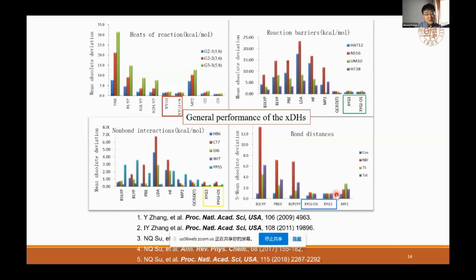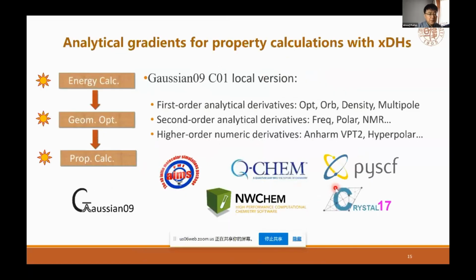Last but not least, here we show the functional performance for geometry. The XDH functionals display uniform accuracy for covalent bonds, non-bonded interactions, and transition state structures, which is very important in order to explore the whole potential energy surface.